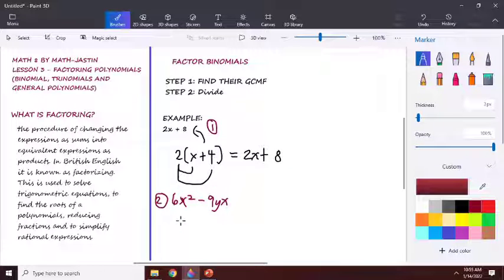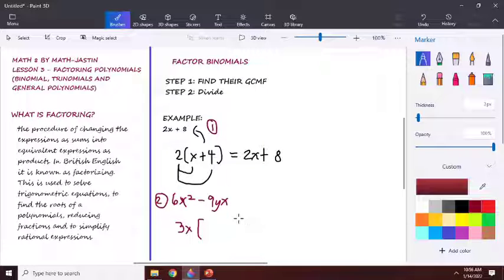For 9, we have 1, 3, 9. So we have 3. How about their variables? Of course, we include the variables, because that is why it is called GCMF. They have only x, so we consider the one with the lower exponent as their common variable.